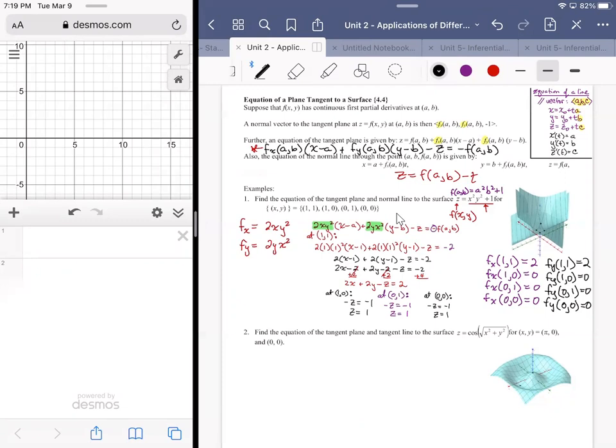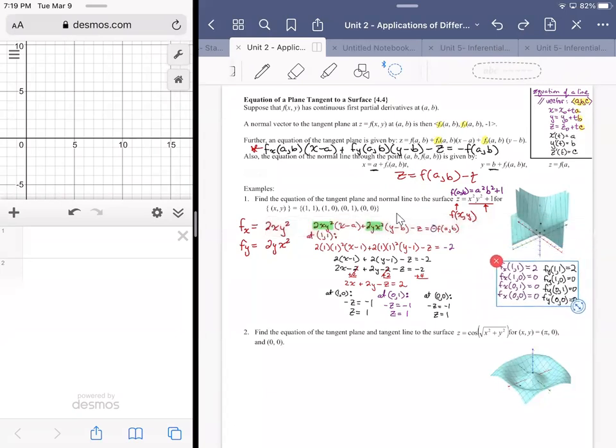In order to come up with the normal line, we just needed the a and b values and whatever the function is at those a and b values. So to write the equation of the normal line, just putting all the pieces together, just chuck it in over there.